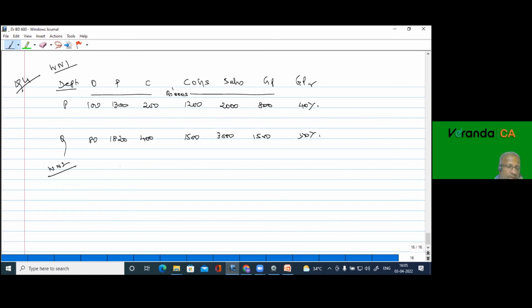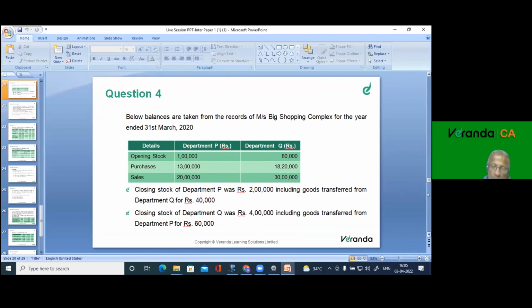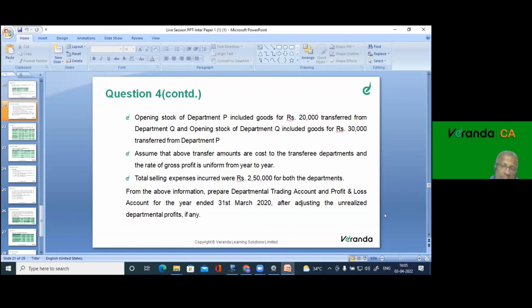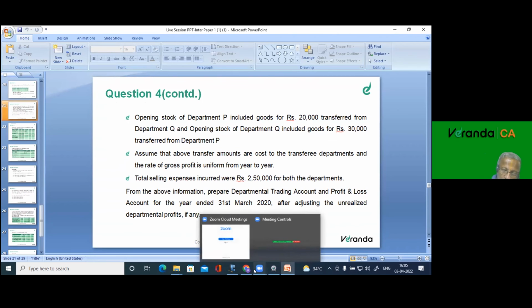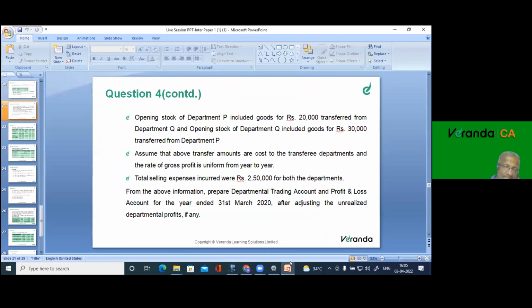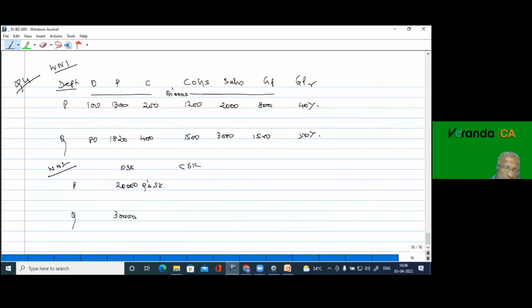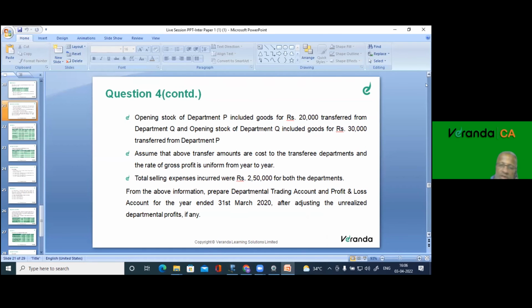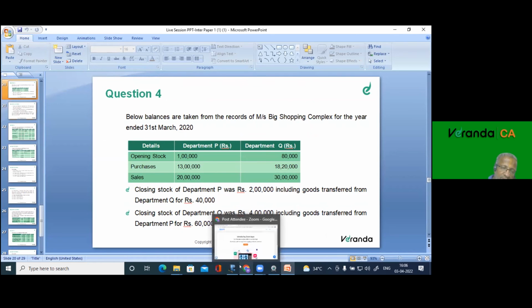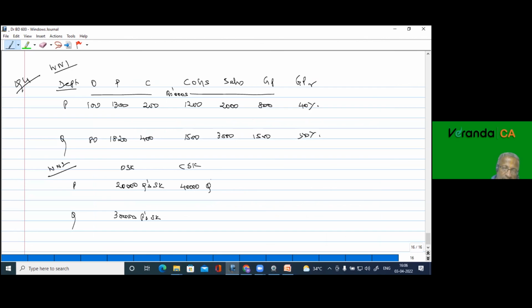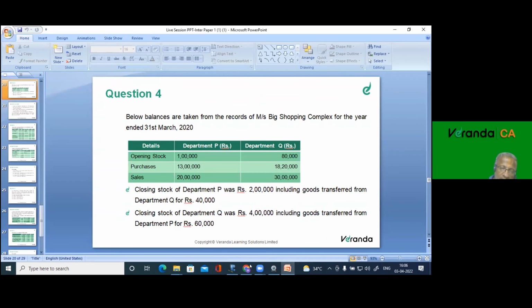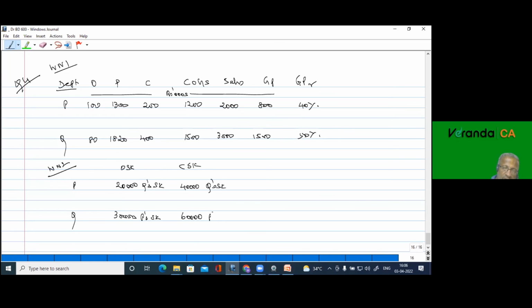Working out number 2. We have opening stock and closing stock of P and Q. So opening stock of P includes 20,000 from Q. Opening stock of Q includes 30,000 from P. In closing stock, we have P has got Q stock 40,000, and Q has got P stock 60,000.